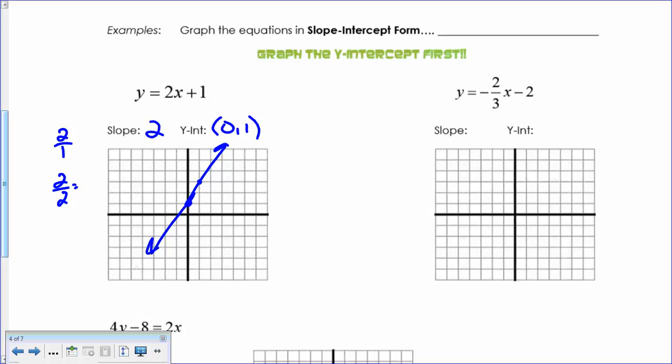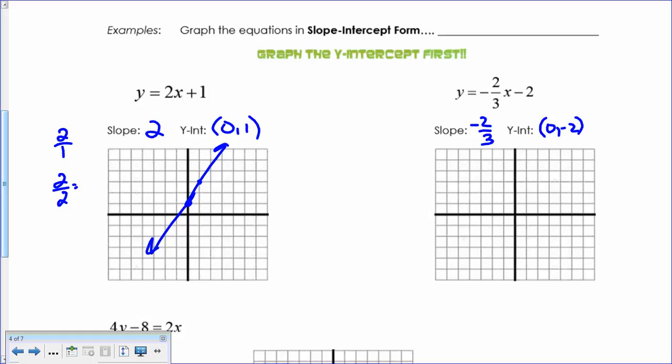So look at the second one. Negative 2/3 x minus 2. What's my slope? Negative 2/3. What's my y-intercept? 0, negative 2. So where am I going to plot 0, negative 2 on the graph if I start at the origin? 2 down, right?